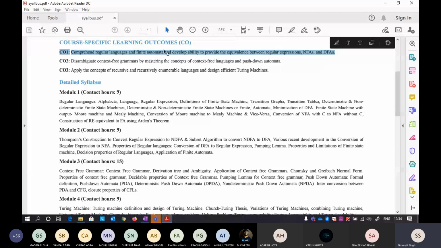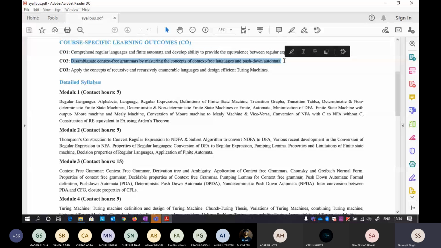The second one, I think, we have done very extensively. Pushdown automata, we have done like 20 questions, 10 in the tut and 10 in the lecture.